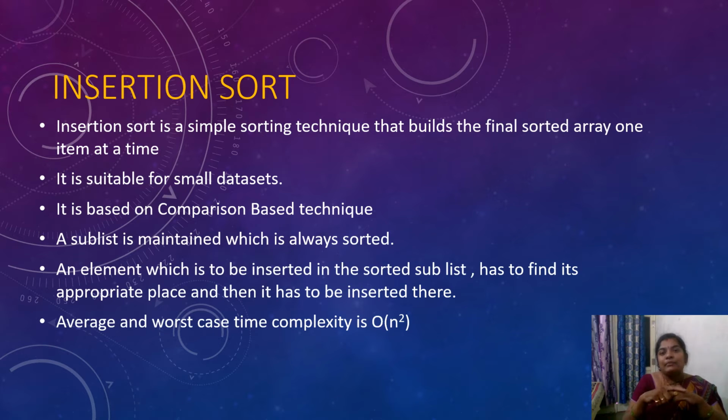If there is only one element, we can say it is already sorted. So we place the first element in the sorted list, and the remaining elements are treated as the unsorted array.